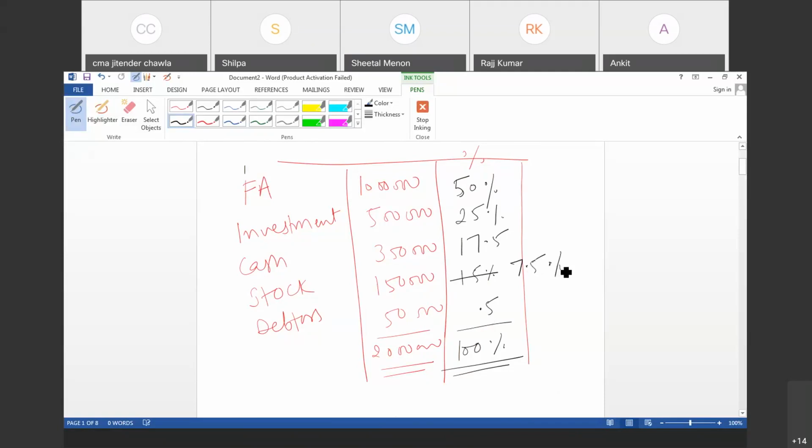11.5%. So this one is 3 lakh. This one 3 lakh, that is 15%.